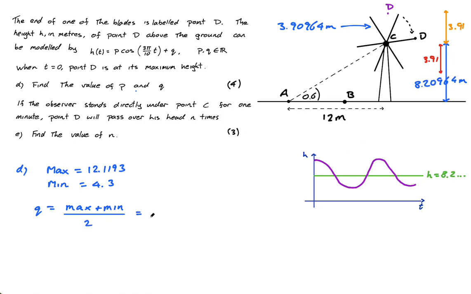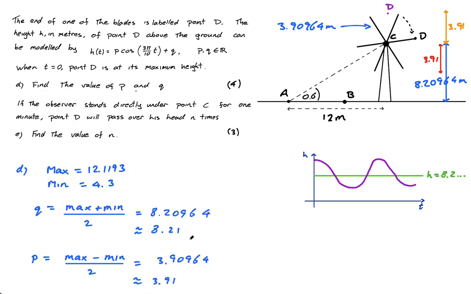It's going to be Q equals 8.20964, which is 8.21 to 3 significant figures. And then P is the max minus the min over 2. But that is just this. It's the 3.90964.